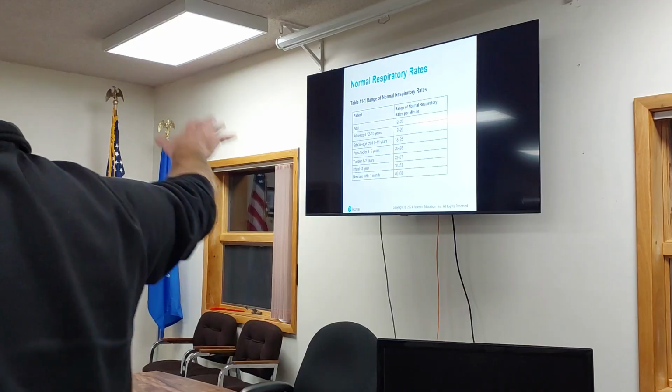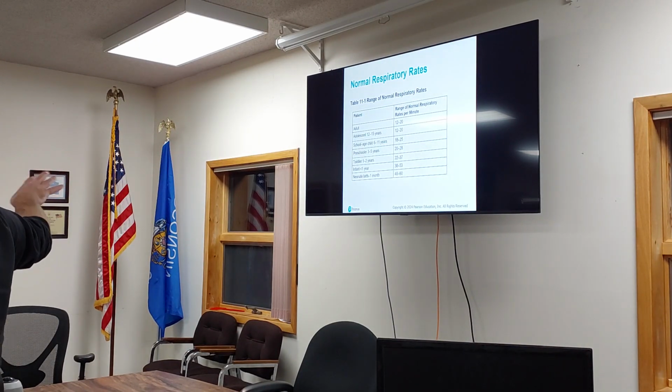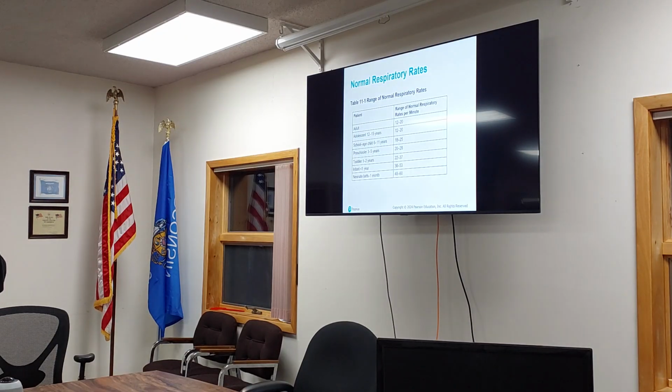Whenever you see these charts, I'm going to tell you right now, don't waste brain energy trying to memorize that if it's a 4-year-old, they should be breathing at this rate. That's what we carry charts for. So every EMR has a flip book or some type of chart system where we can see this is their normal range.